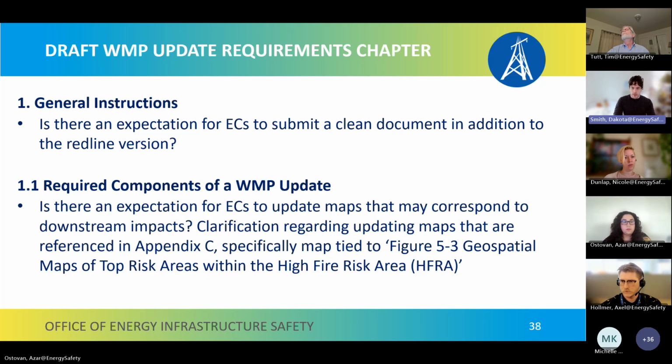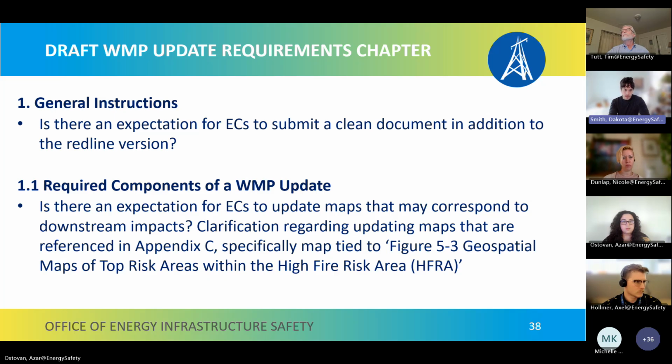The next question is on the required components of a WMP update. Is there an expectation for electrical corporations to update maps that may correspond to downstream impacts? Clarification regarding updating maps that are referenced in Appendix C, specifically maps tied to Figure 5-3 geospatial maps of the top risk areas within the high fire risk area.